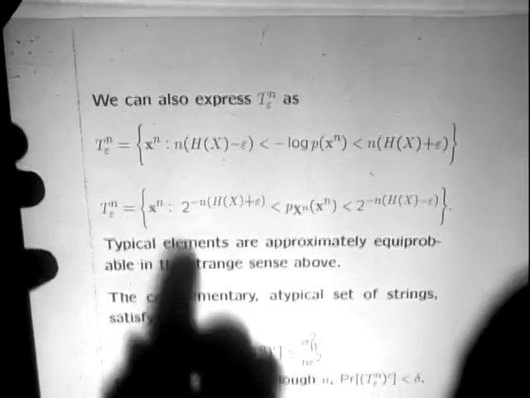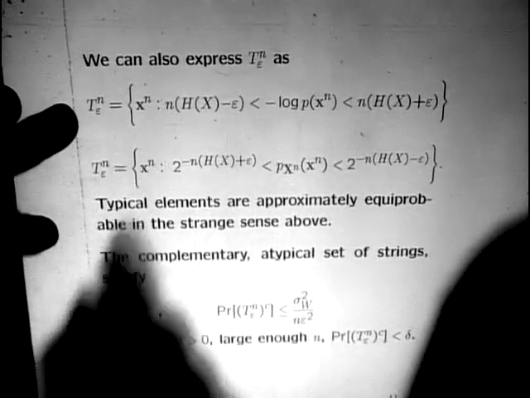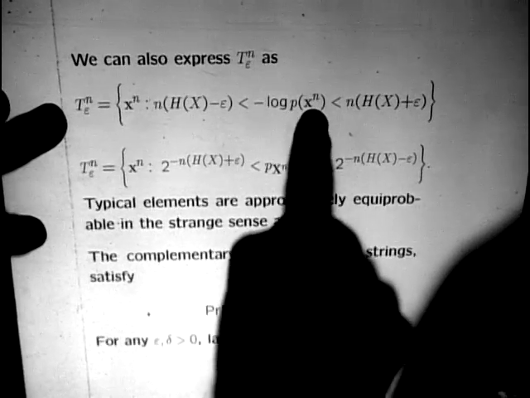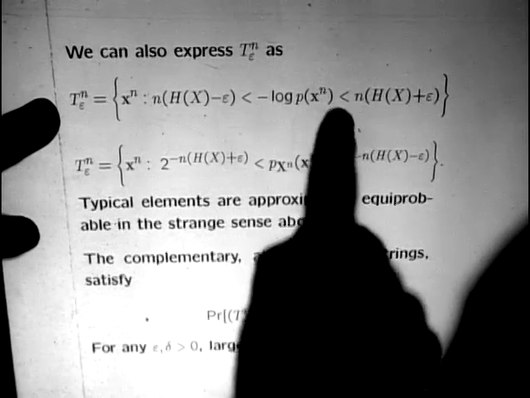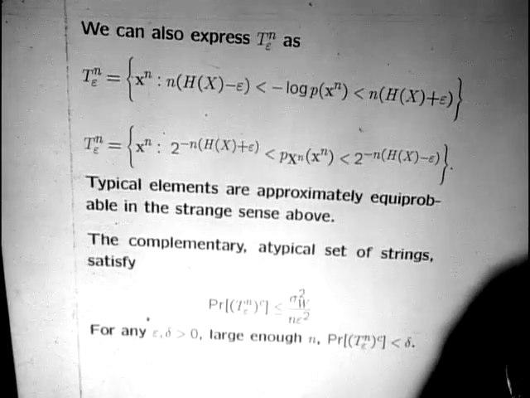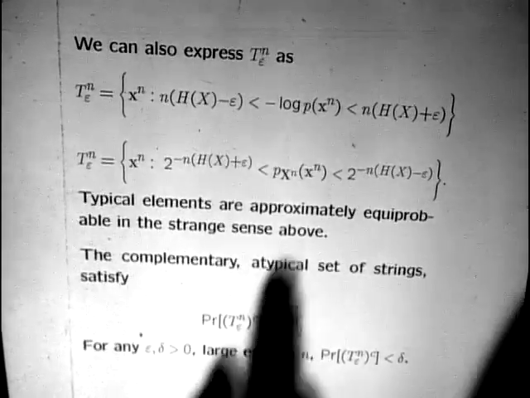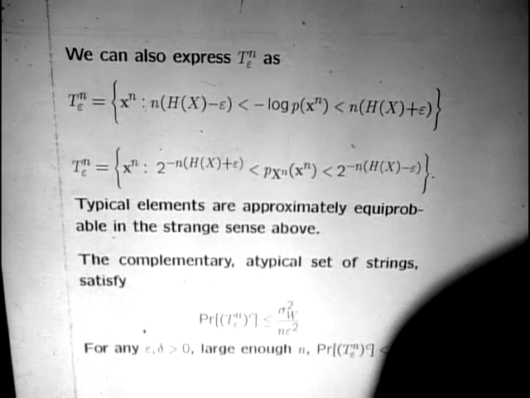So that's what I've expressed here. It's the set of x's for which n times h of x minus epsilon is less than this logarithm of probability is less than n times h of x plus epsilon. Namely, I'm looking at this range of epsilon around h.